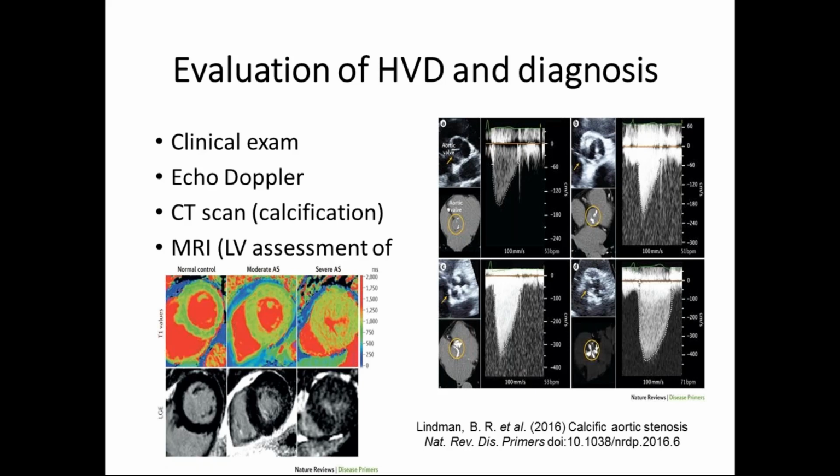In some cases where there is what we call low gradient, low flow aortic stenosis, a CT scan can be used to document the amount of calcium. So this determines quite precisely the amount of calcium and can be used to assess the severity of calcific AS. And also in these selected cases, MRI can be used to evaluate the fibrotic pattern within the left ventricle. Next.